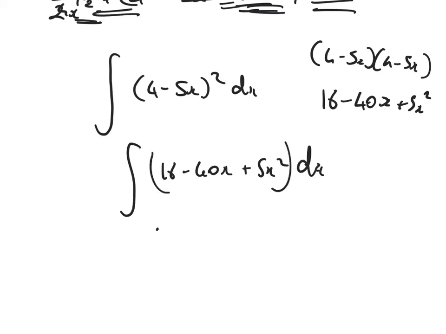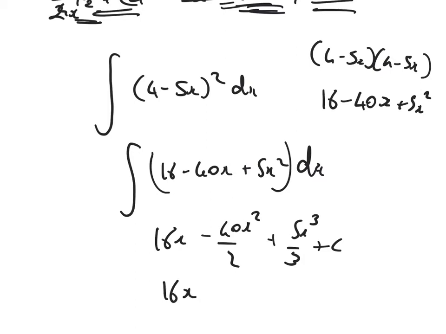Okay, so you integrate a constant, it becomes a constant times x. Add 1 onto the power here and divide by my new power. That's minus 40x squared over 2 plus 25x cubed over 3 plus the constant of integration. We can now simplify that. 40 over 2 is 20, so that's minus 20x squared plus 25/3 x cubed plus c.